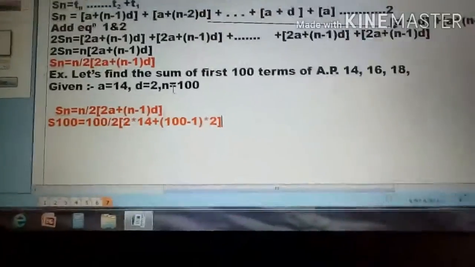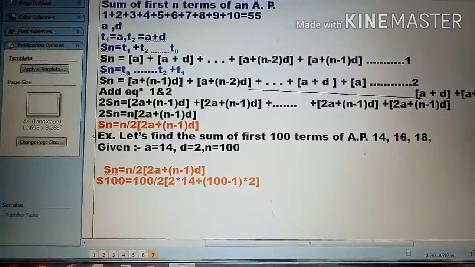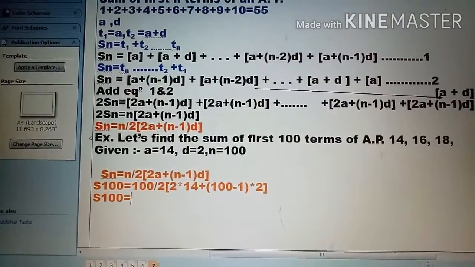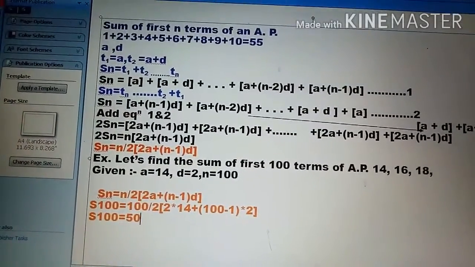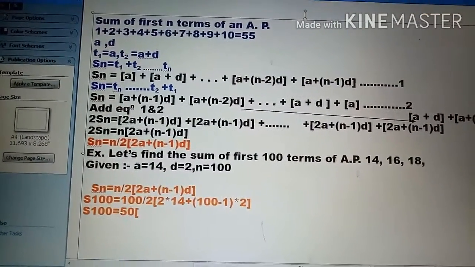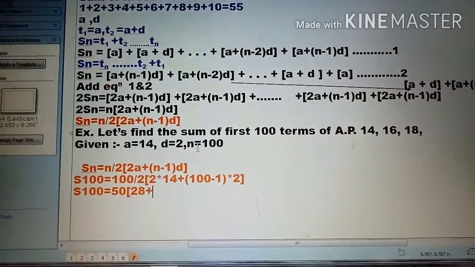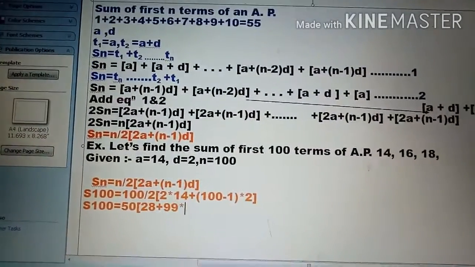Like this we have to do the calculation. S100 is equal to 100 upon 2, that is 50, bracket 2 into 14 is 28, plus 100 minus 1 is 99 into 2.